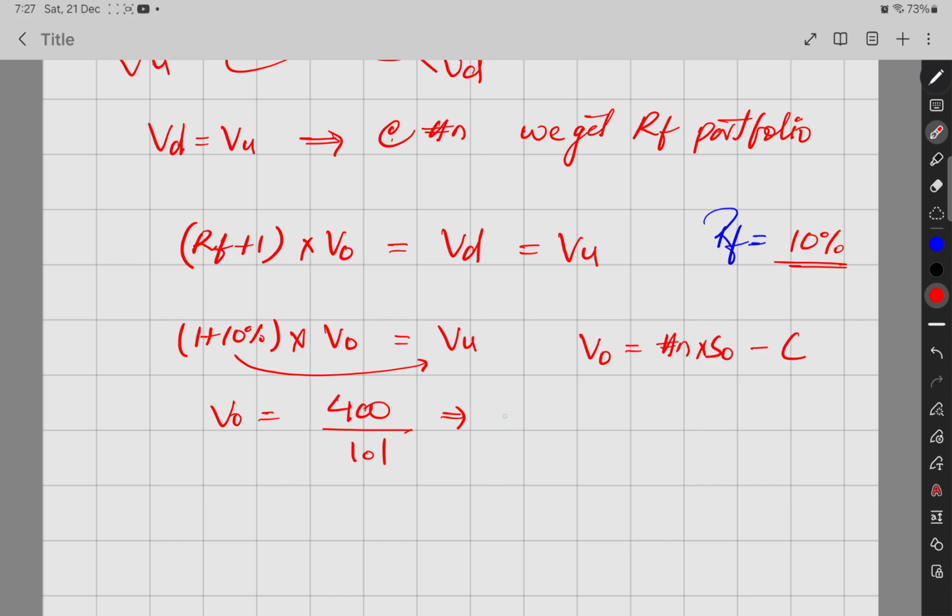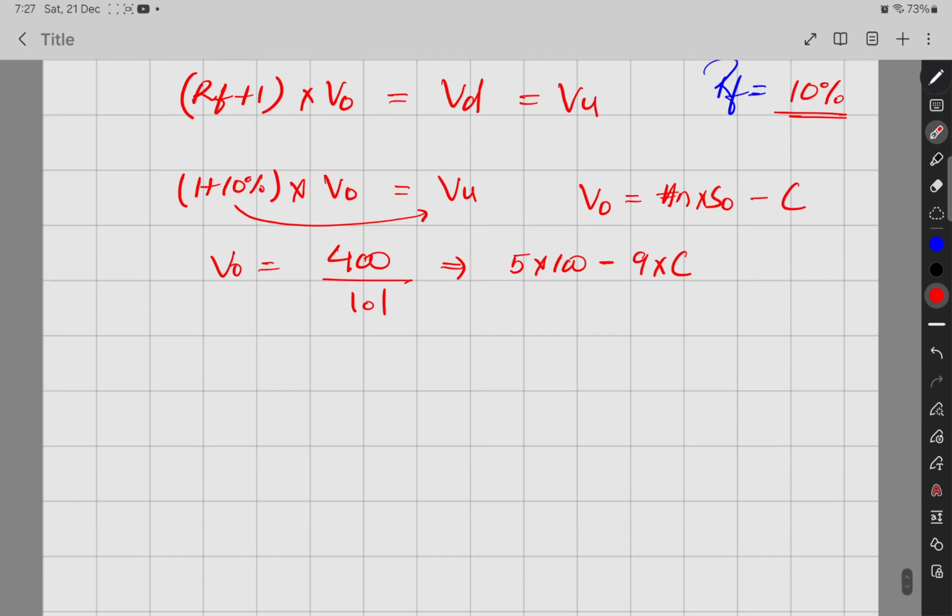And if I remember correctly, we determined that we need to buy 5 stocks at the price of 100, and we will short 9 calls at just C. So here we can get the value of C as follows: if you move things around, everything should be divided by 9 in the first place. So 500 minus 400 divided by 1.1.